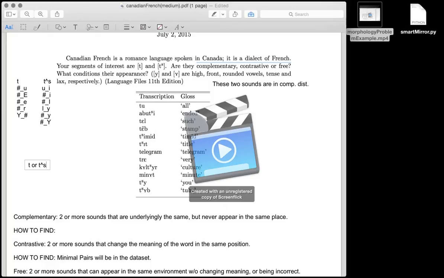One of the easiest ways of finding out what the basic form is, is to pick the simpler sound. So this one, ta versus cha, they're both essentially T's, but one of the T's has the special superscript S, so maybe we might say T is the more basic. Or another way is to literally go through the data set and count them, and whichever one occurs the most, you can say that one's the underlying.